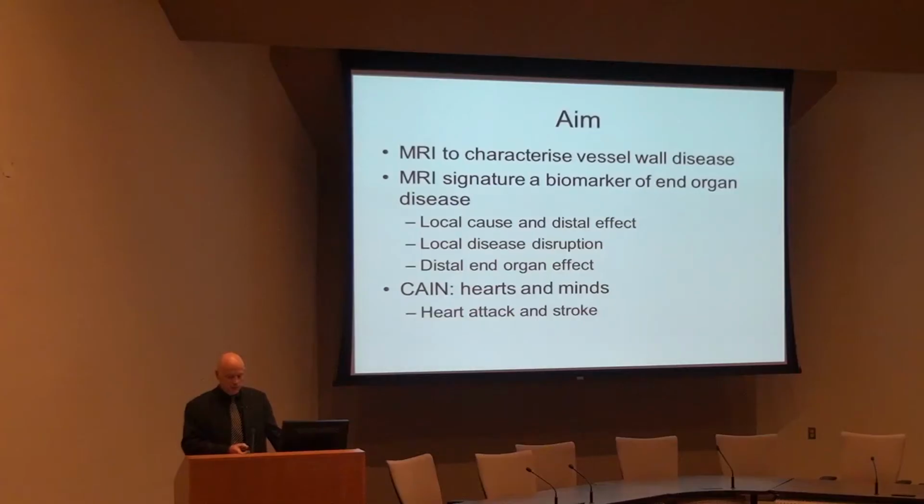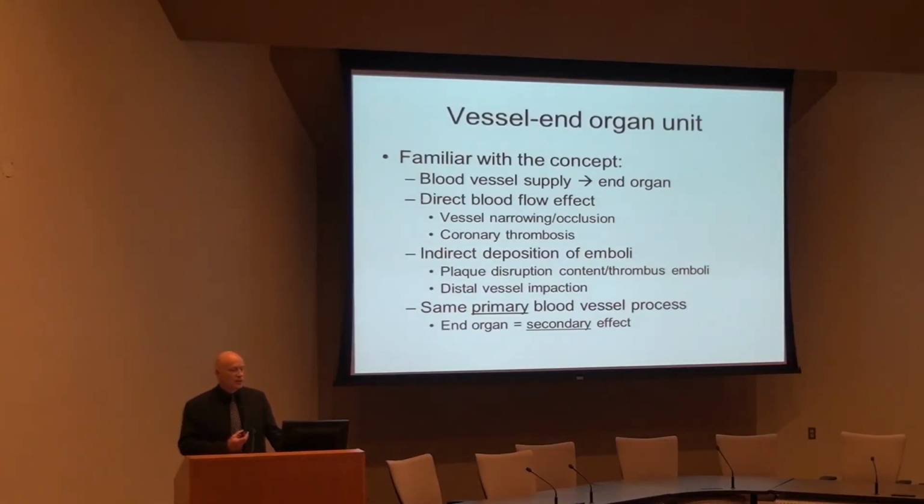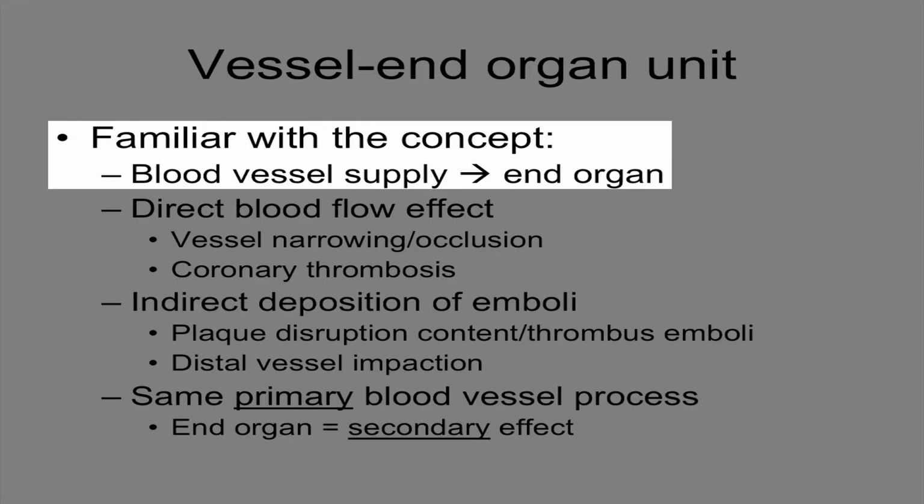And for me, these conditions are very similar, certainly the primary disease. So a theme that you will have noticed already, at the heart of Kane, is that we're looking at the primary supplying blood vessel and the end organ.